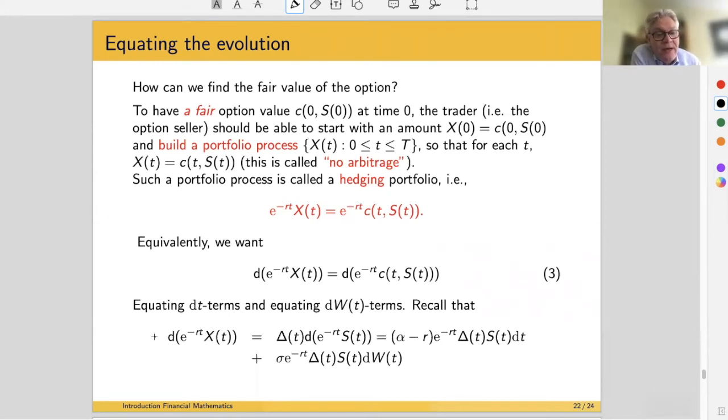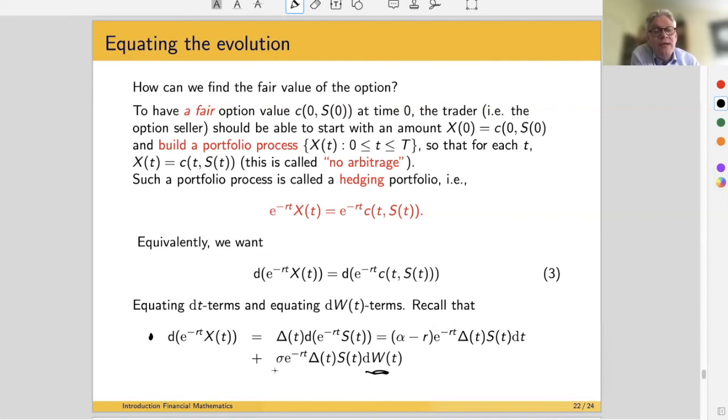Here, we repeat the change of the discounted portfolio term. And here we see the dW term appearing, sigma e to the power minus rt, delta, the number of stocks, time-dependent number of stocks, times the stock price, St dW.